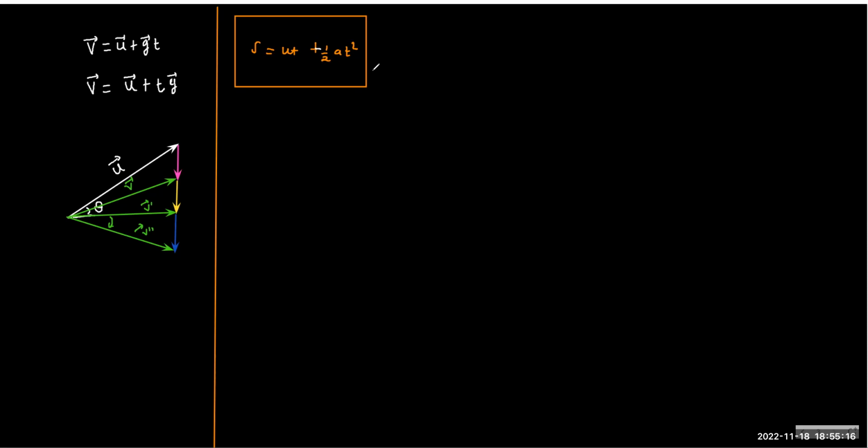Go ahead. Sir, position vector gives the exact location of the point. What is the meaning of exact location?